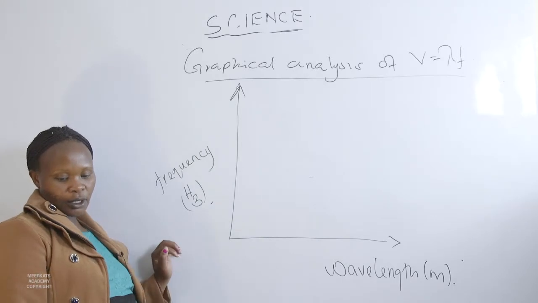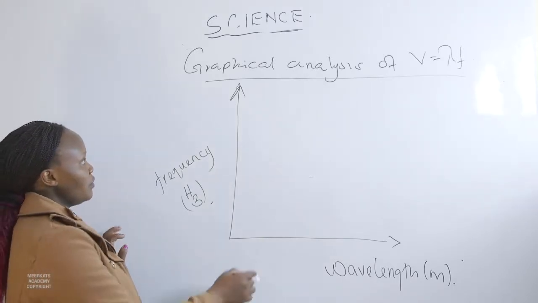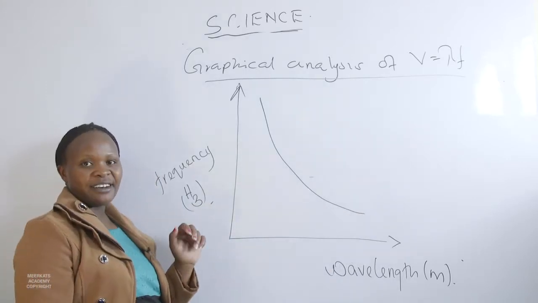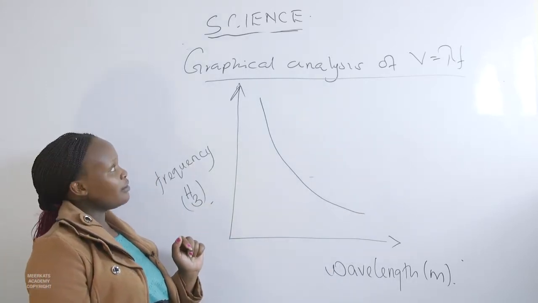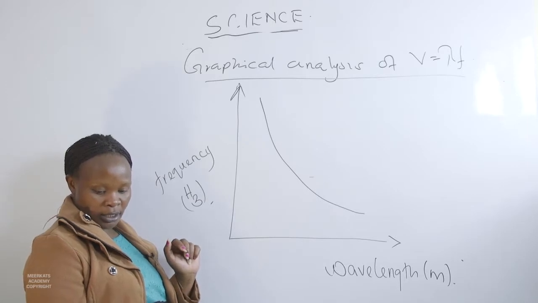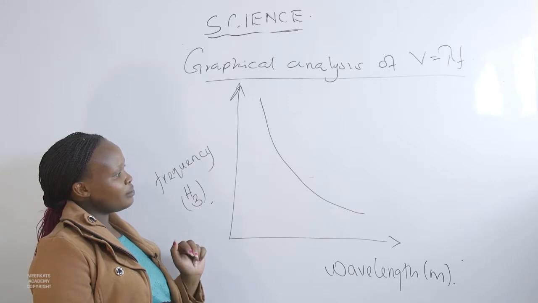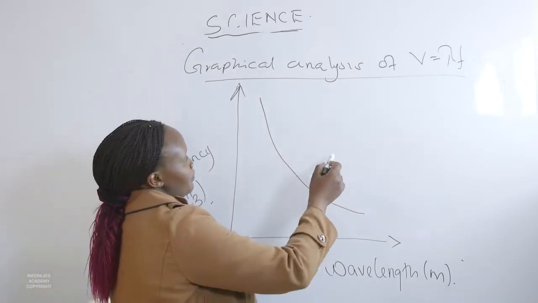If you were to consider that kind of a graph, it is going to be a curve that does not have intercepts.